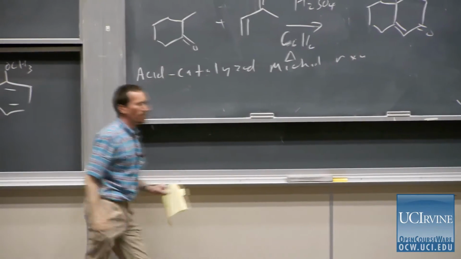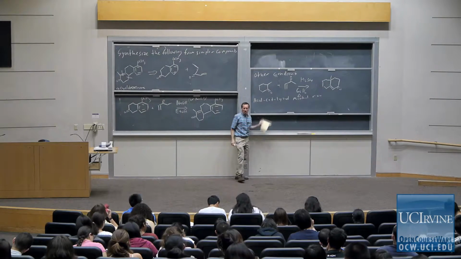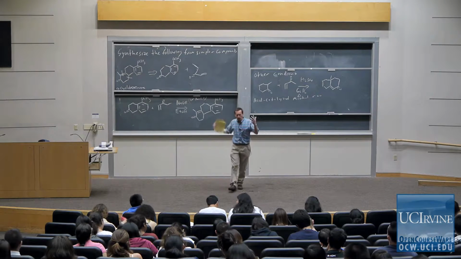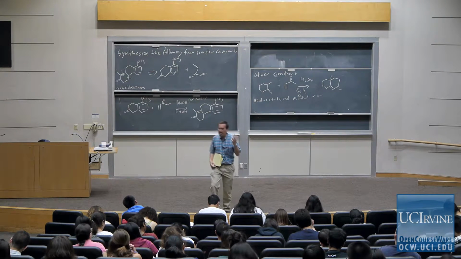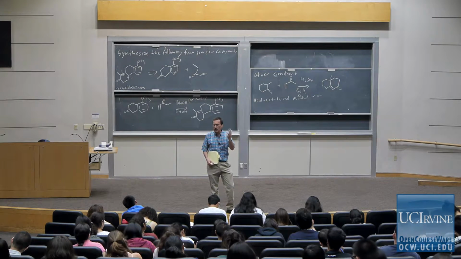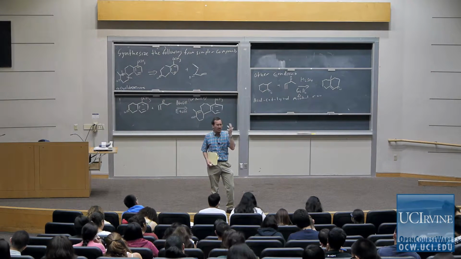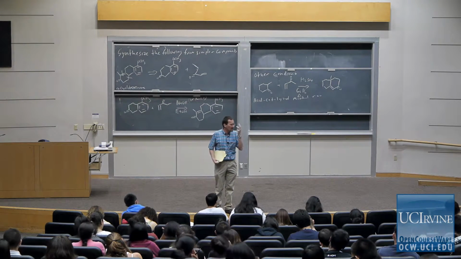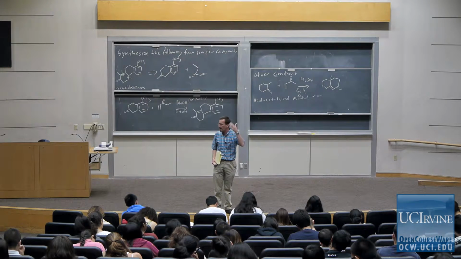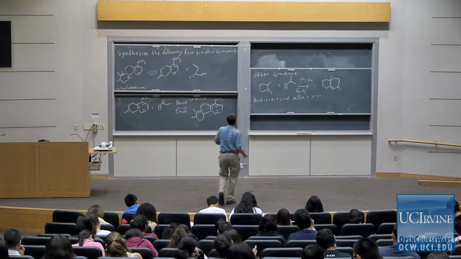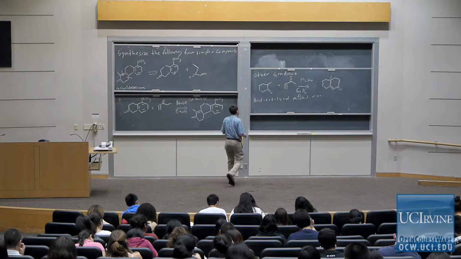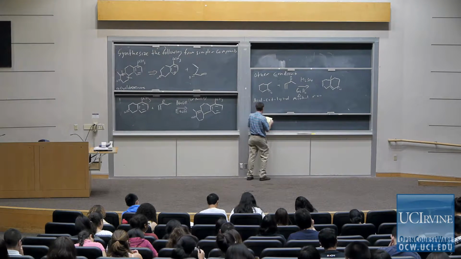I want you to think about that for a moment. Remember early on when we started introducing the chemistry of enols and enolates, I said enols are more nucleophilic than regular alkenes, but they're not super nucleophilic. They only react with really good electrophiles. And so under acid conditions, we enolize at all different places.